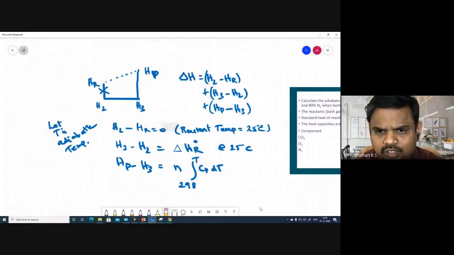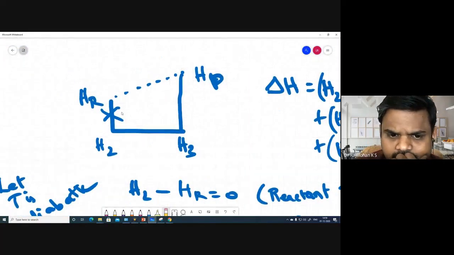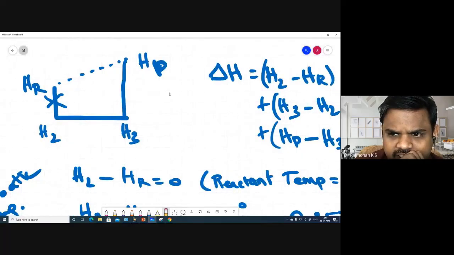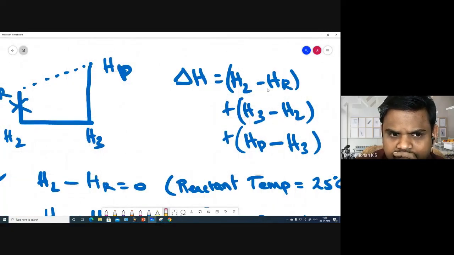Okay, look at it. In general, if you want to calculate the adiabatic flame temperature, what will we do? Delta H is equal to H2 minus HR, plus H3 minus H2, plus HP minus H3, which gives us HP minus HR, right?